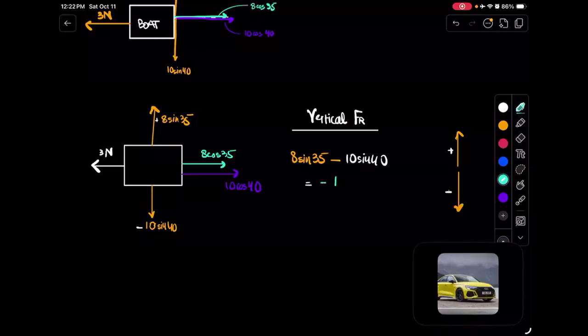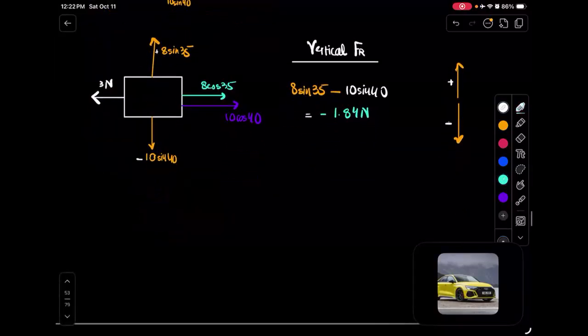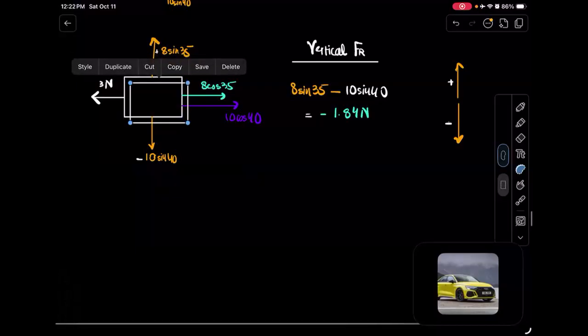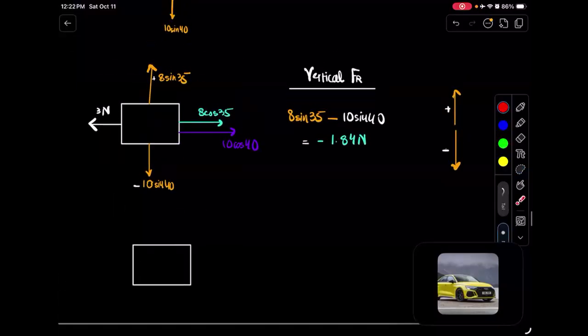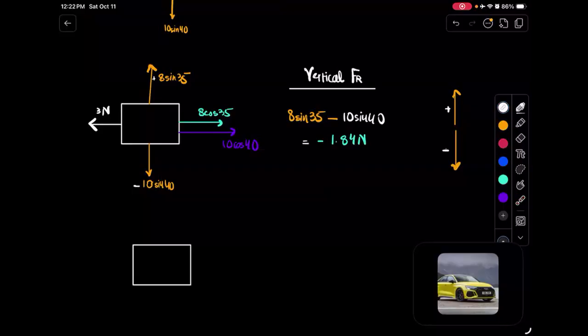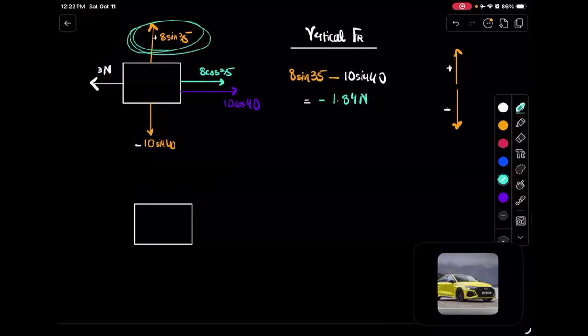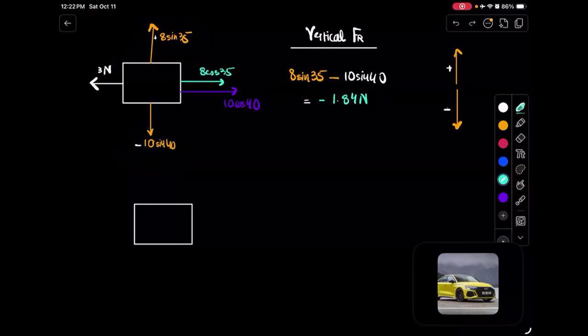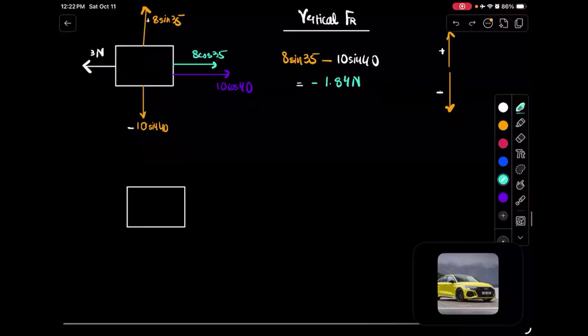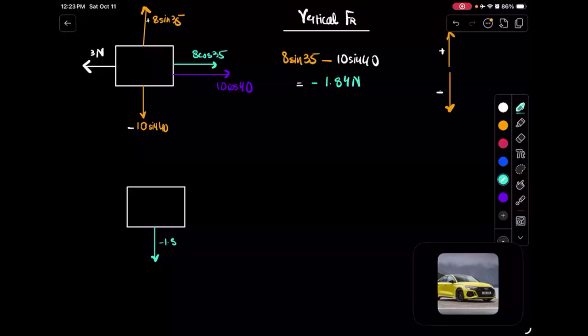So minus 1.84 newtons is the vertical resultant force. So that means instead of writing these two forces, the resultant came out to be minus 1.84. If you were to find out the net force for both of these, like which one is pulling more strongly, it's minus 1.84, which is pointing downwards, minus 1.84 newtons downwards.